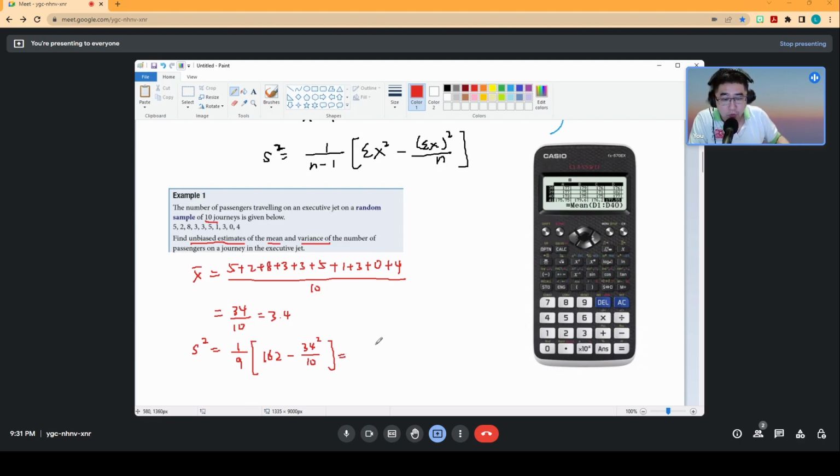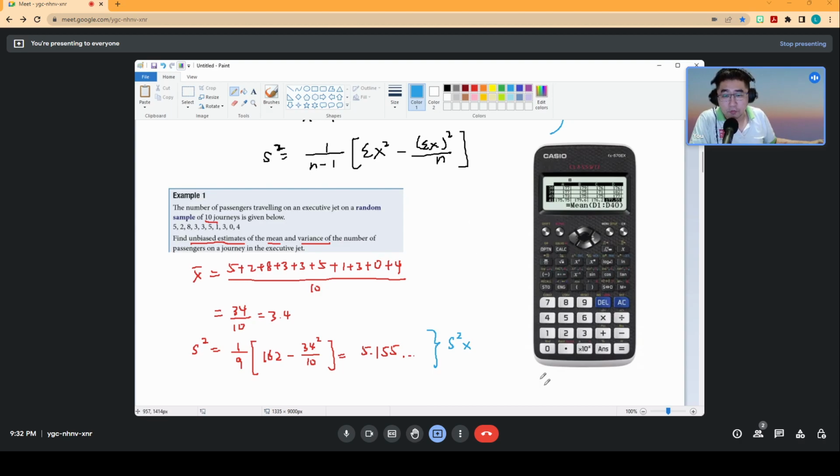So you get 5.155. This one you can also get from your calculator; this is the s squared x value. You can see the button if you key it in the statistics mode.